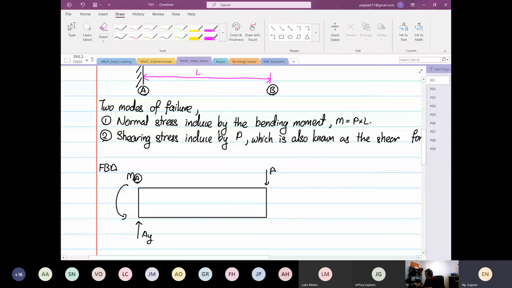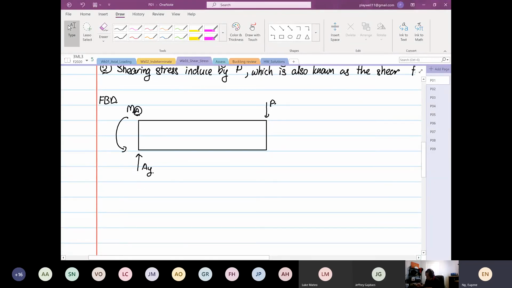So if we were to sketch our shear force diagram, don't worry about all these first, okay? I will teach more detail on shear force and bending moment before term test 2.